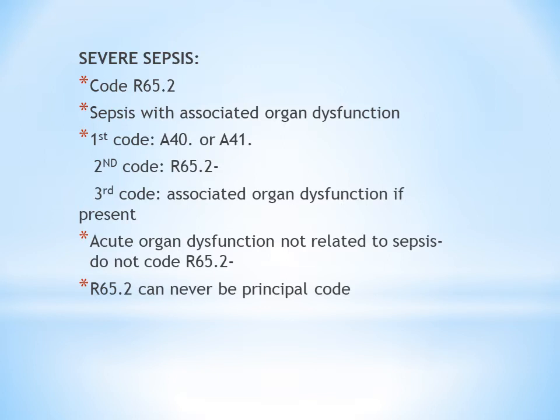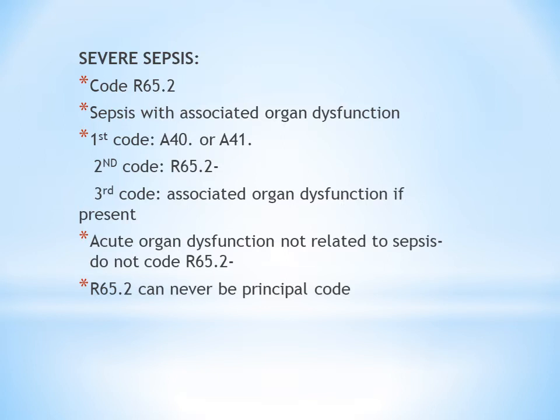In a case of severe sepsis, the first code will be the code for the underlying systemic infection, that is the sepsis code. So even for severe sepsis, the first code will be the A40 or A41 series only, and the second code will be the code for severe sepsis, R65.2.